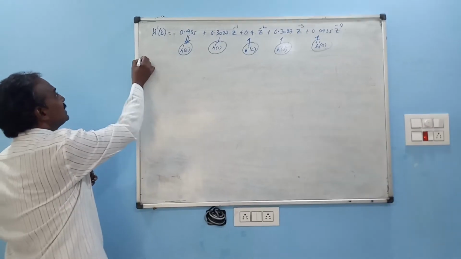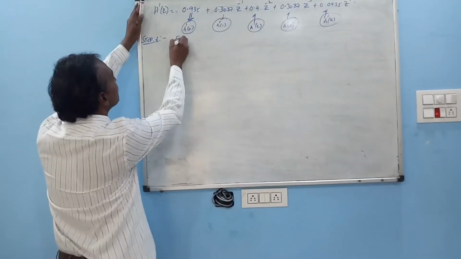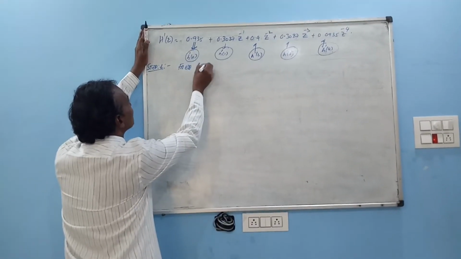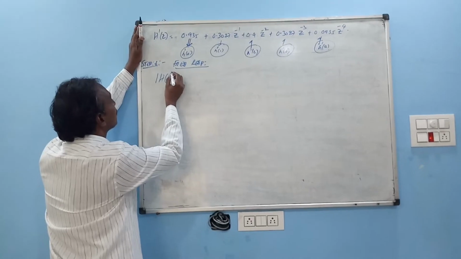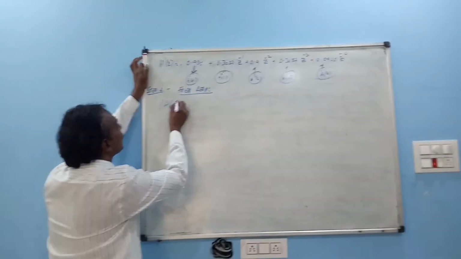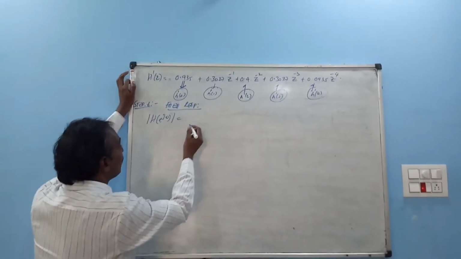The last step is step 6. Let me find the frequency response. How do you get the magnitude of H of e power j omega? What is the formula we wrote?